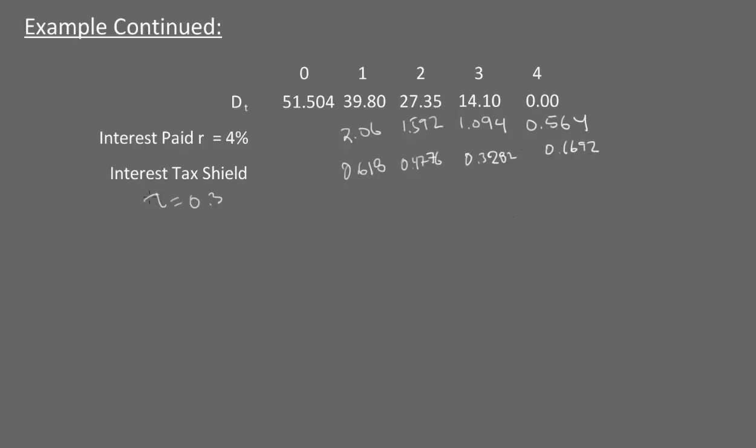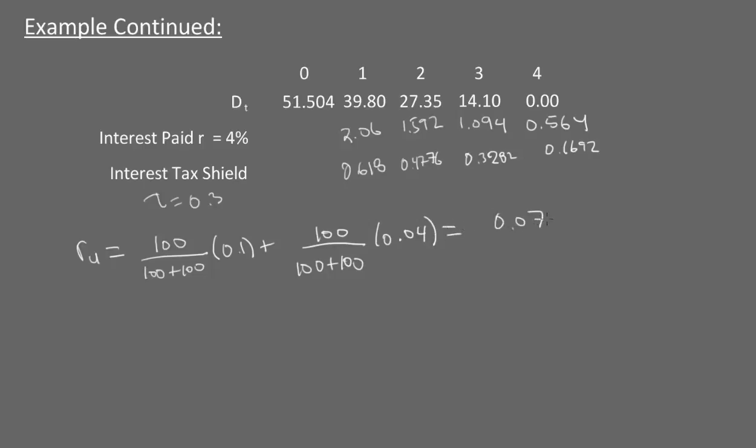Now that we have the interest tax shields, we need to calculate RU, our unlevered cost of capital. So again, we use 100 over 100 plus 100, equity over equity plus debt, multiplied by our RE, and then we put debt over equity plus debt, multiplied by our RD. Now this gives us a rate of 7%. So now our unlevered value of the firm is simply the present value of future cash flows using our RU.